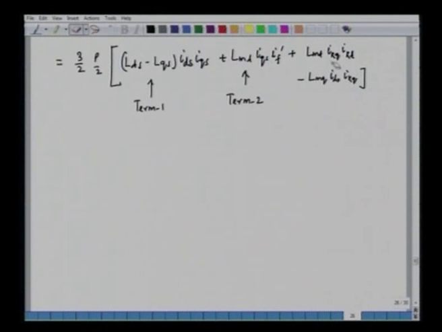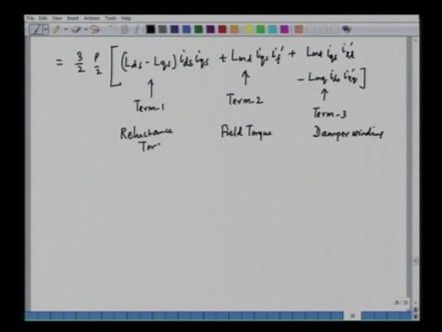So, this is the third torque here, called the term 3, and this is called the damper winding torque. This is called the field torque, and this is called the reluctance torque. So, the synchronous machine will have 3 different torques: the reluctance torque, the field torque, and the damper winding torque.